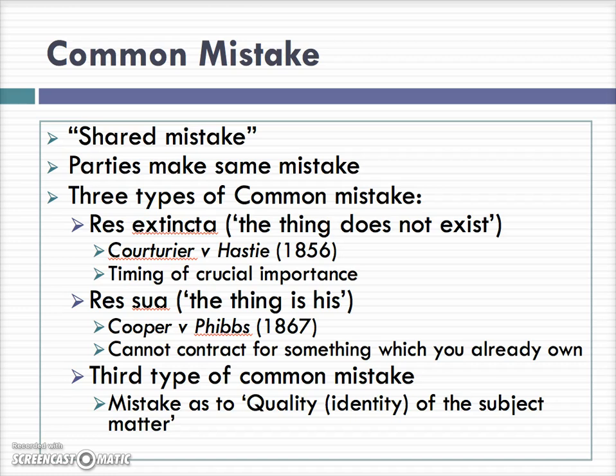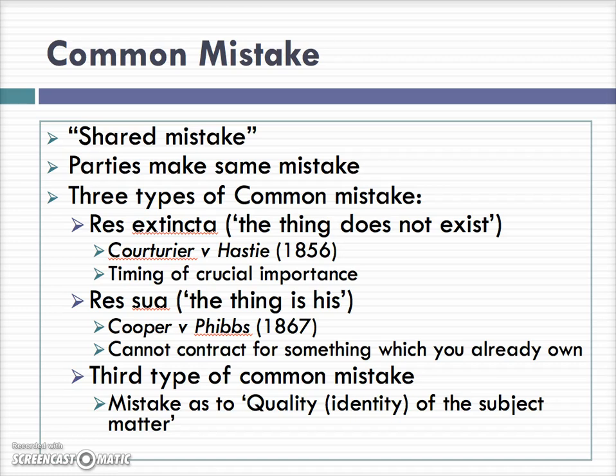So the first type of common mistake that we're going to look at is res extincta. Now that's Latin, and that literally means that the thing does not exist. Now, what happens when you buy something or when you have a transaction about something which does not exist? Well, generally speaking, that transaction is void.